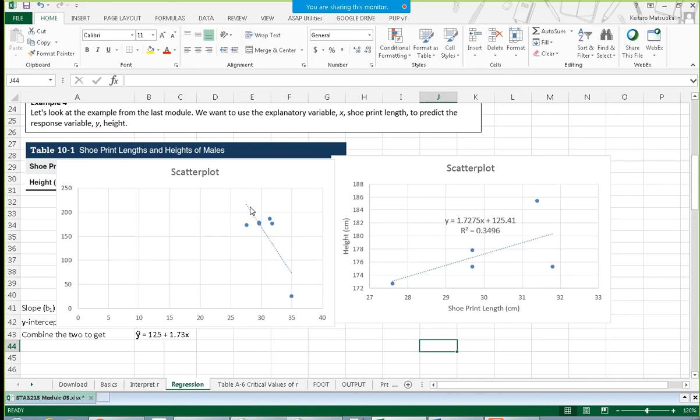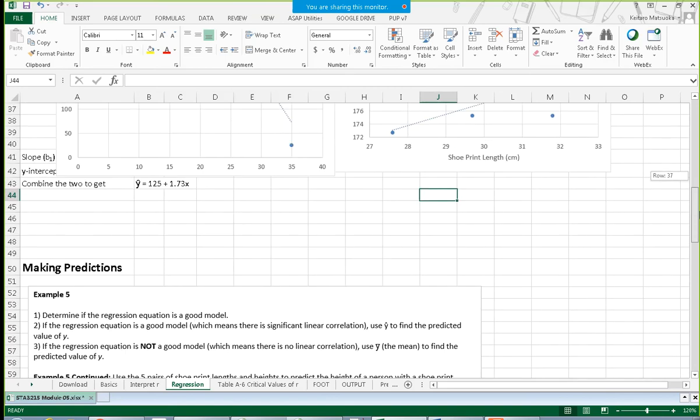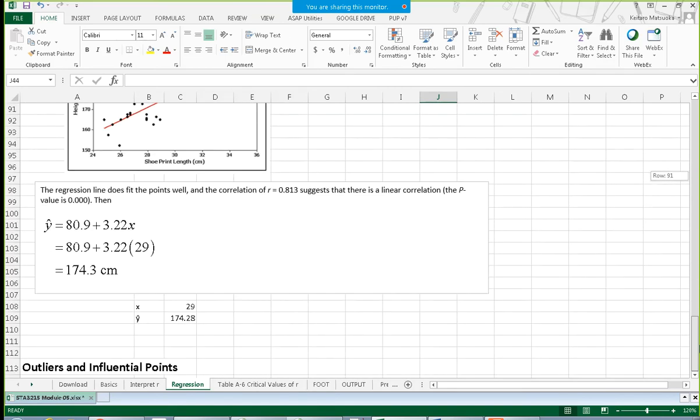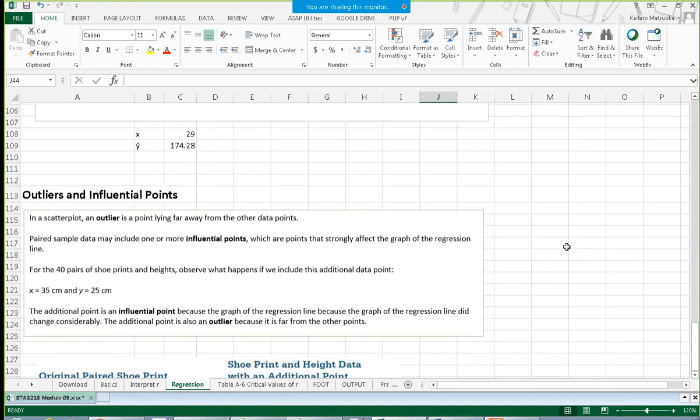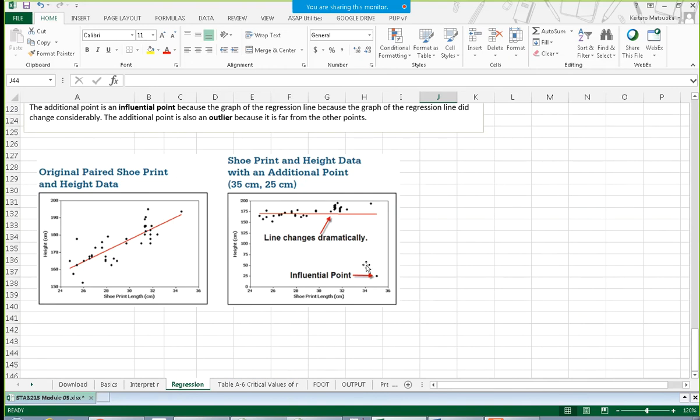So I can say this is an influential point as well as an outlier. Okay, so that's how you determine if something is an outlier and or influential point. You just have to create a second plot and make a comparison.